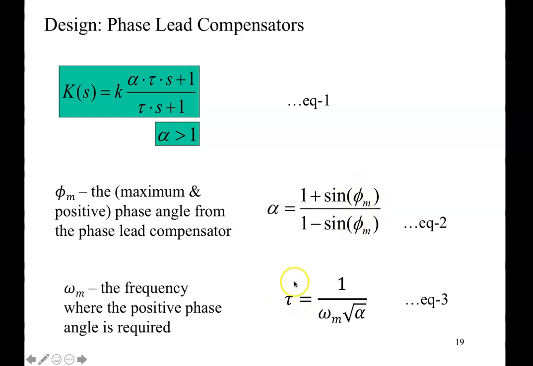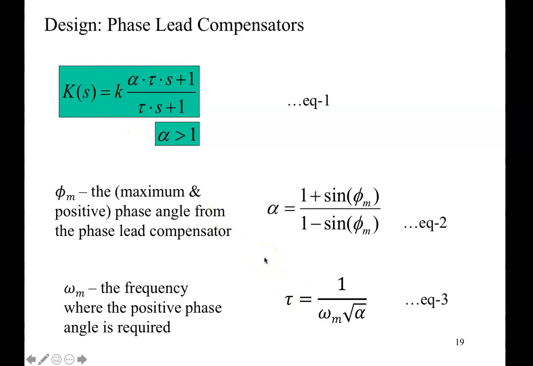Okay, tau, equation 3 is what you use to calculate the tau value so that the phase angle you wanted will be at the exact frequency you wanted as well. So there are two things we need to make sure are right. I'll talk about how to design the control gain K, the small k, later in an example.